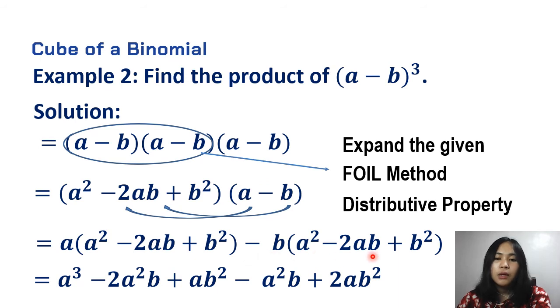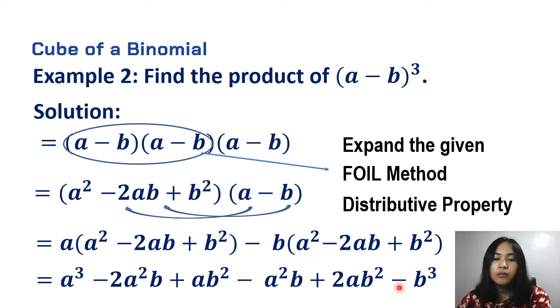Now, negative b times positive b squared, they have different signs. What I said before, when the signs are different, the answer is always negative. So, negative b multiplied by positive b squared, the answer is always negative, b cubed.